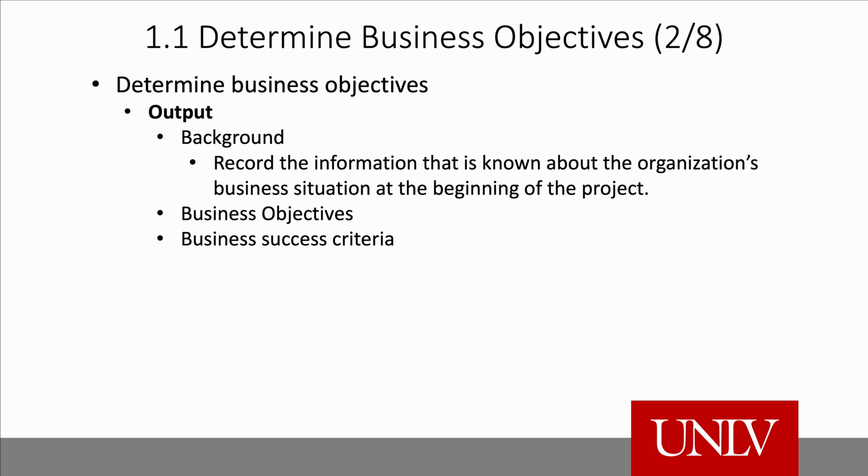The first output is a detailed description of the business background. This captures what we already know about the organization's situation, like the industry, the market challenges, opportunities, and internal processes. It sets the context for everything that follows.